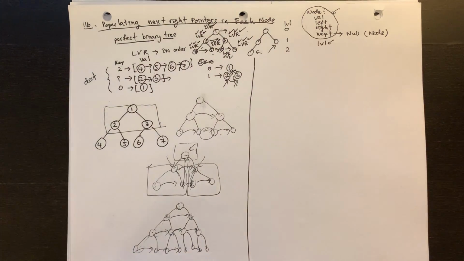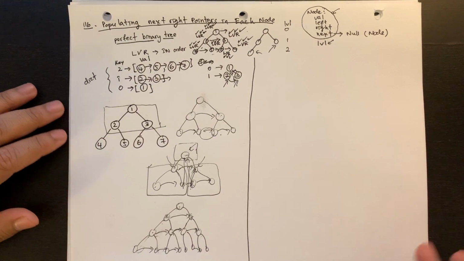I mean, this is a perfect binary tree, so every level needs to have full nodes, every single space filled. So I think this might work, but let's write some pseudocode and then we test it.